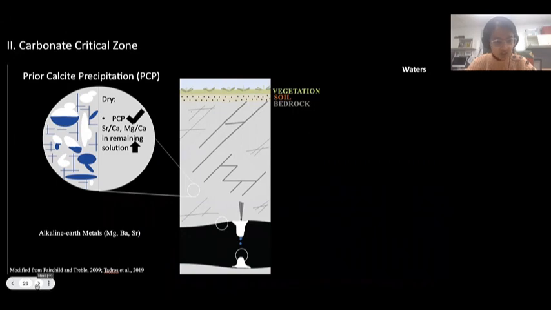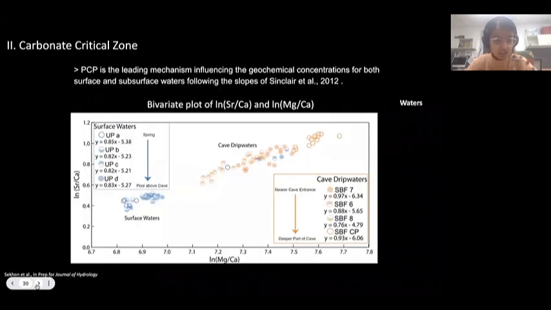And what we actually did was a plot of strontium to calcium on the y-axis and then magnesium to calcium on the x-axis. And what you notice over here, again, is that the surface waters are clustered to each other. The slopes are all around 0.8, and conversely, the cave drip waters are clustered further away, and the slopes are ranging from about 0.7 to about 0.9.